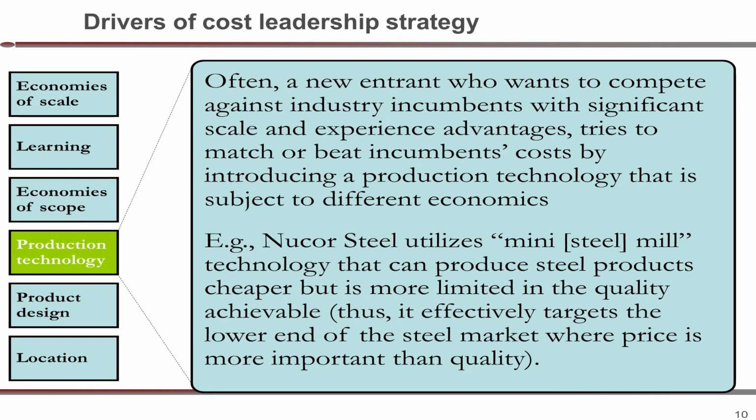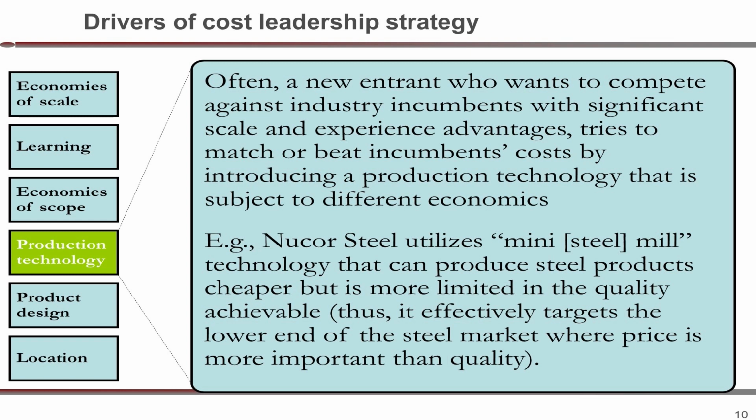Production technology. Often a new entrant who wants to compete against incumbents that already have a lot of scale and experience advantages will try to compete with some new technology or new process that they have come up with. For example, Nucor Steel utilizes these mini mill technologies.